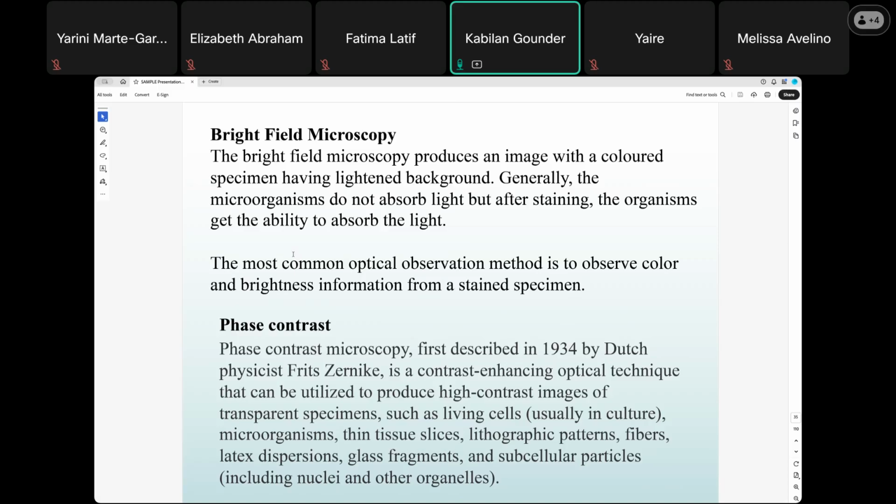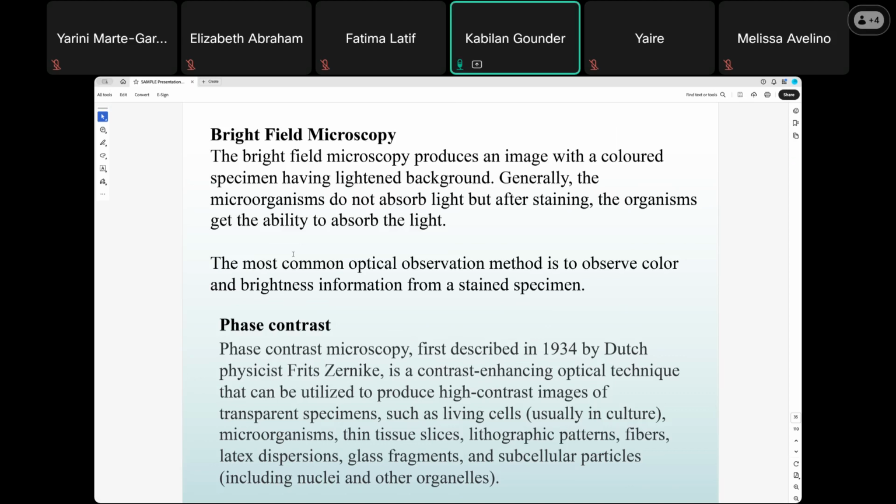Whereas the phase contrast microscope, first described in 1934 by Dutch physicist Zernike, is a contrast enhancing optical technique that can be utilized to produce high contrast images of transparent specimens, such as living cells, usually grown in cell culture.